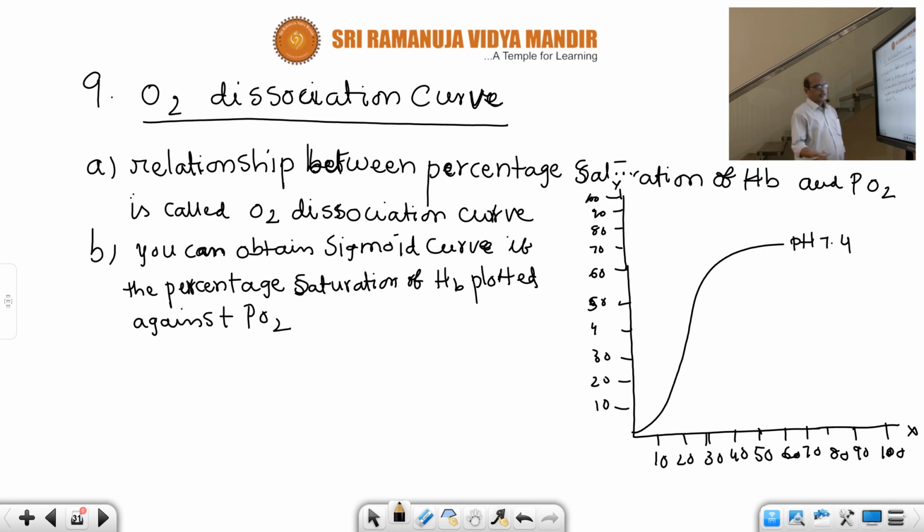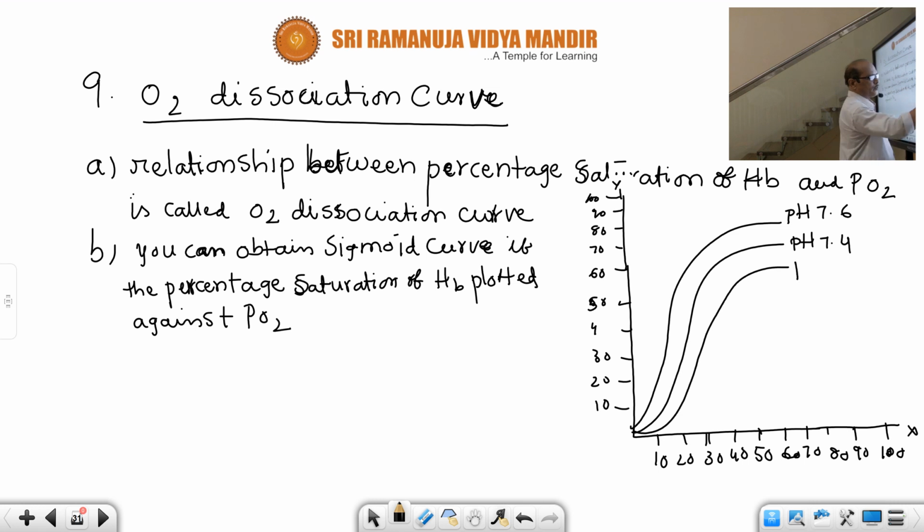Sometimes the pH increases at tissue level, becoming above 7.4, like 7.6, or sometimes it is reduced to 7.2, low pH. So low pH allows the dissociation of O2 from hemoglobin, which is released into the tissues, because tissues require O2 for metabolic activities.